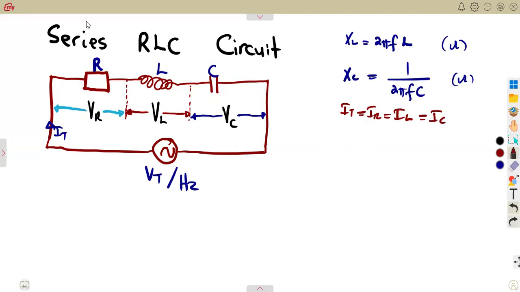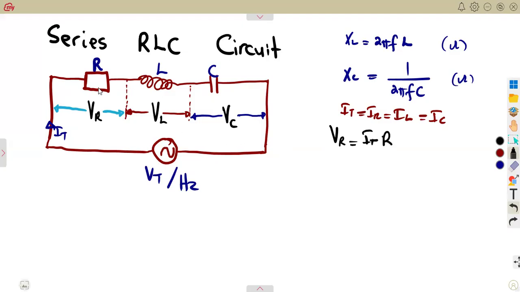This is the one that now gives the voltages: current times resistance gives VR, current times XL gives VL, and current times XC gives VC. So these voltages can be determined from the total current. For VR, the voltage across the resistor, it is the total current times resistance.